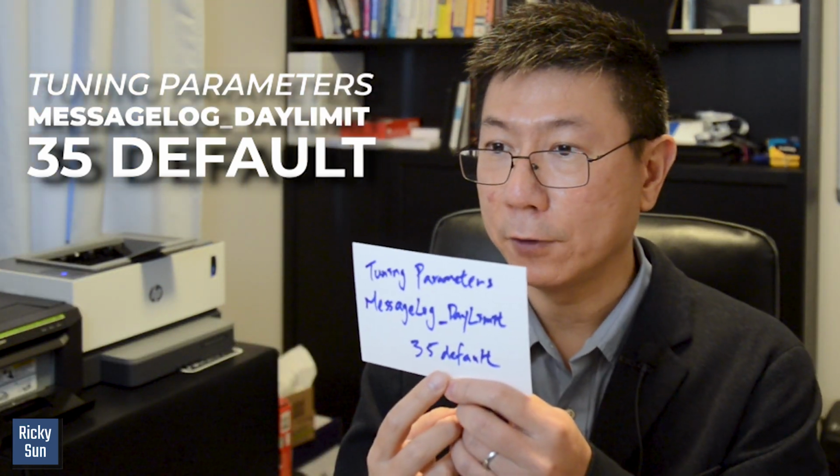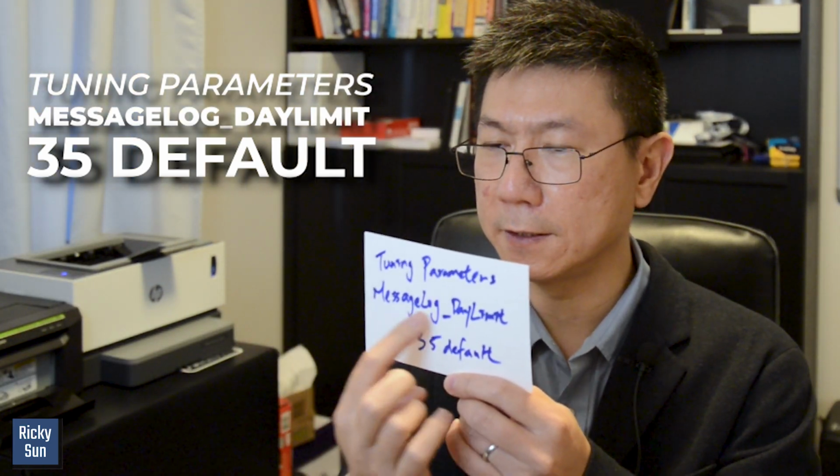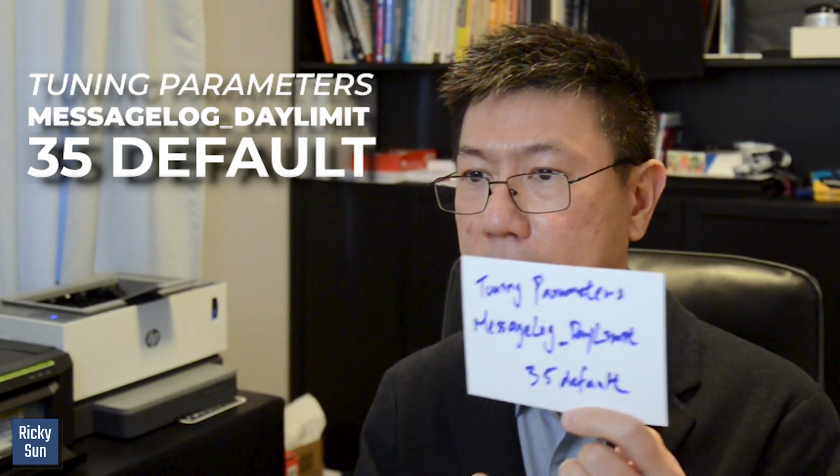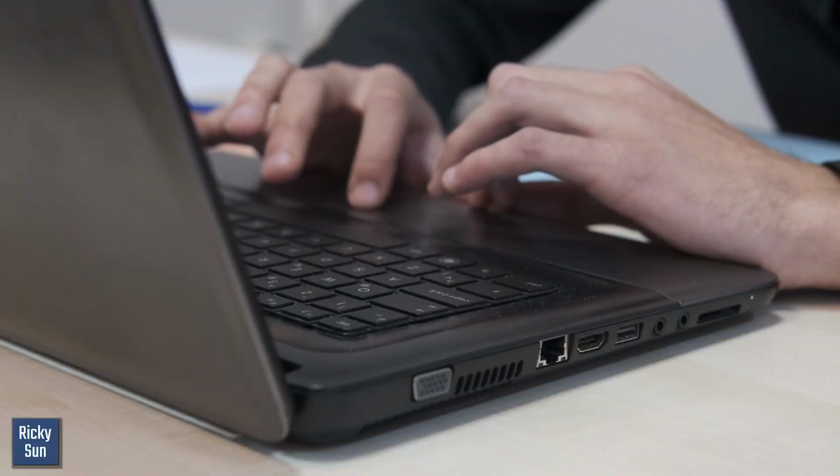The default is 35 days. And this is the tuning parameter, right? Message log day limit. This is the tuning parameter you have to set for a year in order to be able to look at the log messages for 1 year. Otherwise, you can go back a maximum of 35 days by default.